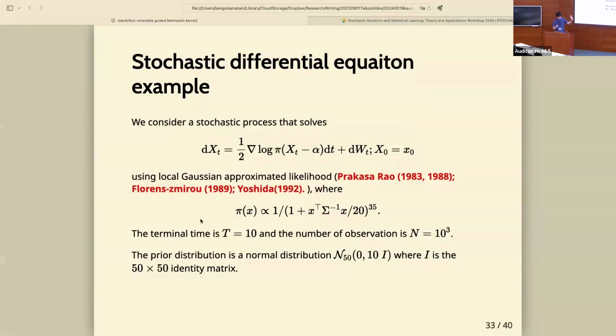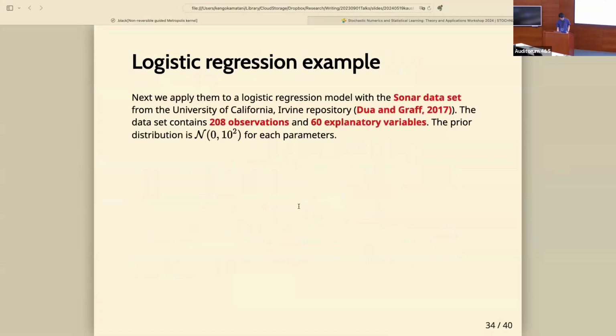They are general examples. In this case, we consider a stochastic differential equation observed at discrete points, and pi here is a t distribution. The next case is logistic regression. So let's check the simulation results.